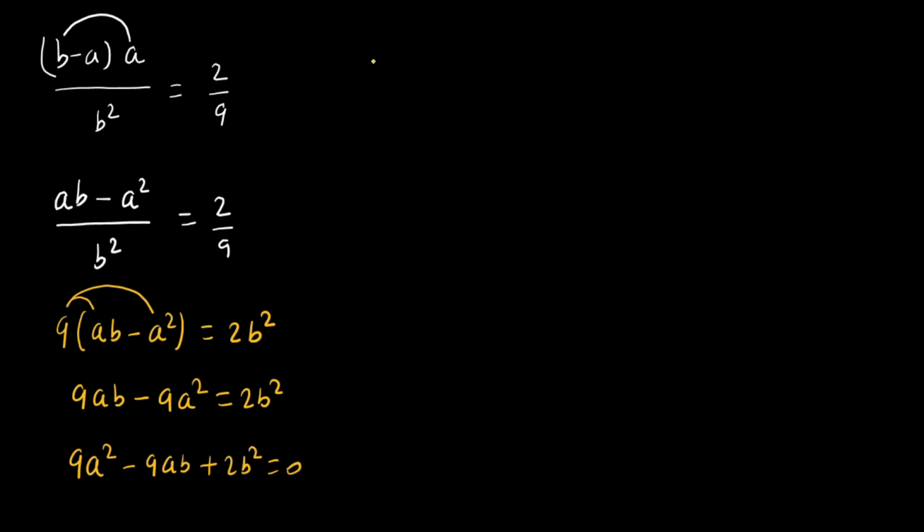Here we will apply middle term split: 9a square, and minus 9 times ab is the same as minus 6 times ab minus 3 times ab, plus 2b square, and this is equal to 0. Look carefully at these first two terms.